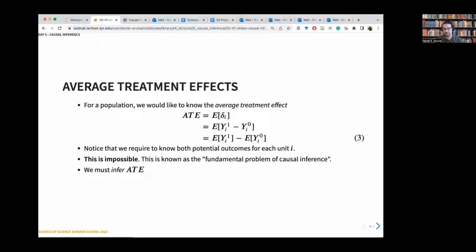We want the expected value of the treatment effect, and by the properties of expectation, that can be separated. So that could be the expectation of one quantity minus the expectation of the other quantity. But this is impossible again, because we cannot observe both things at the same time.